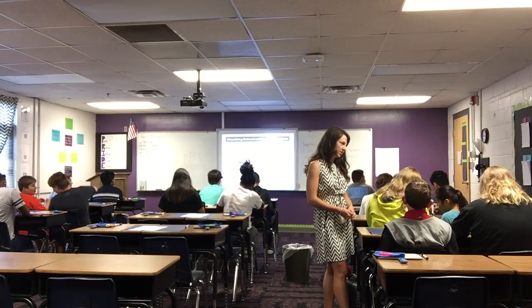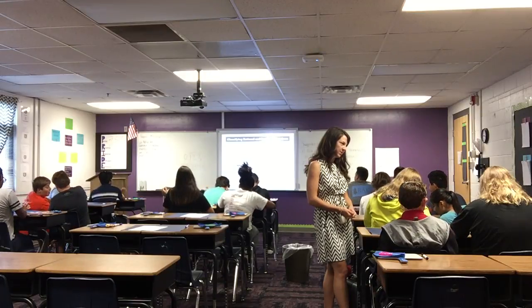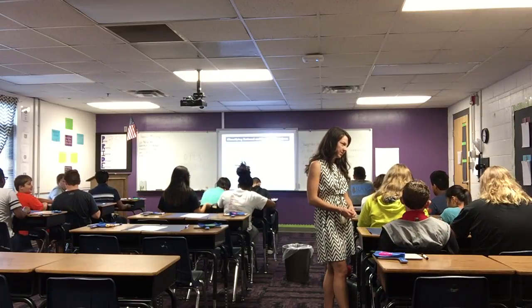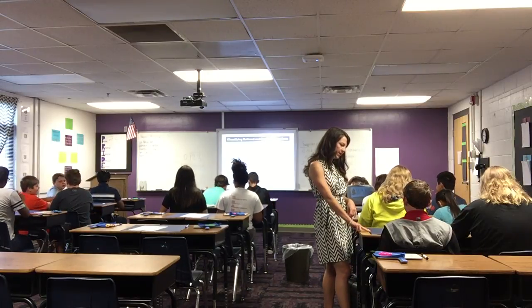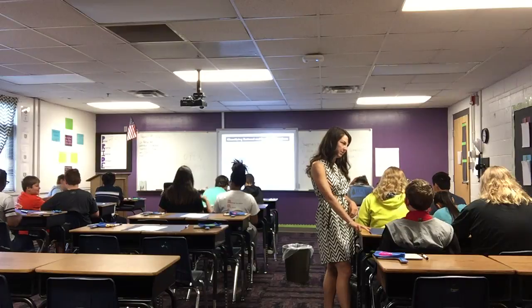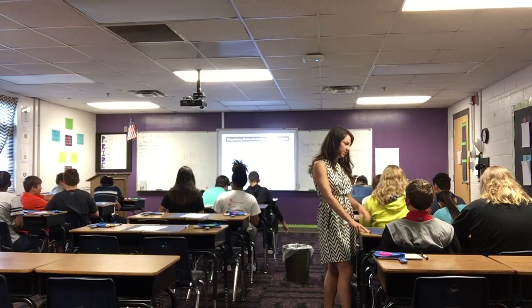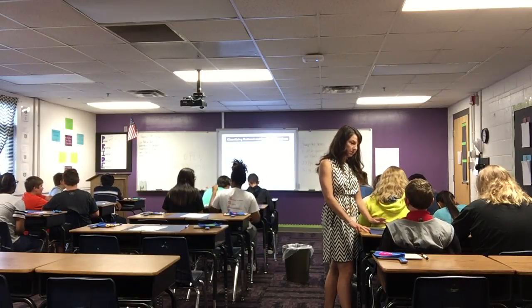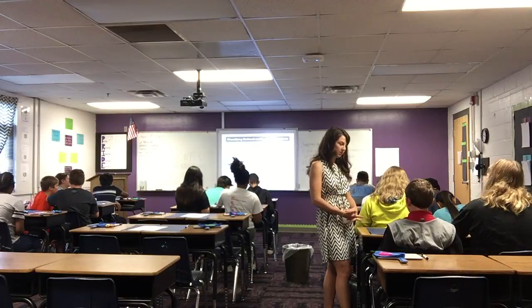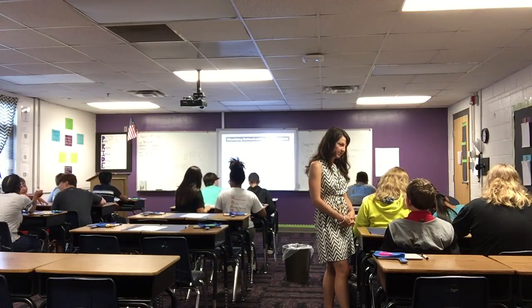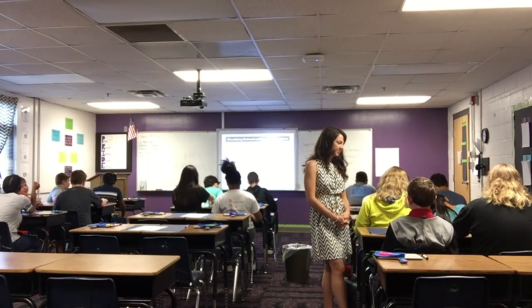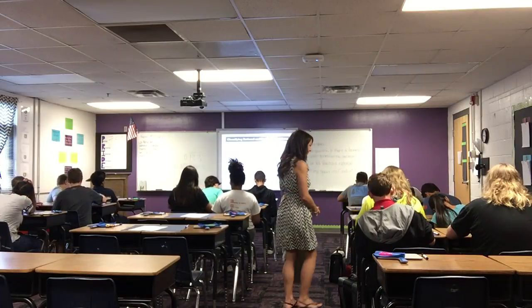What do you think, Jonathan? Non-terminating, okay. So do you think it's non-terminating repeating or non-terminating non-repeating? Awesome. Do you agree with him? Why do you agree? Okay, good. That's how you'll do it.